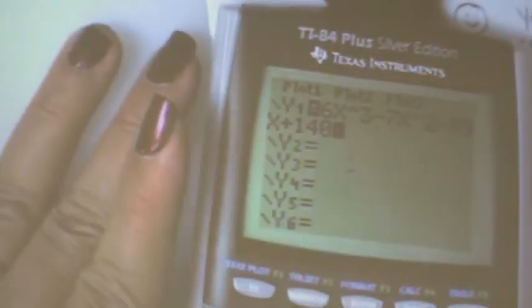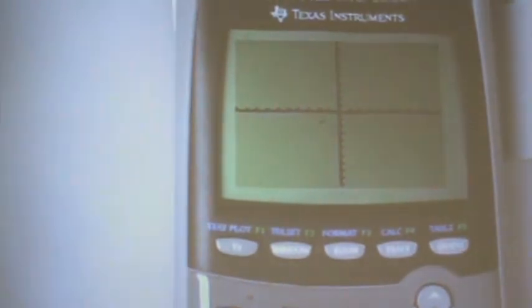Now, if I hit graph, you're going to see something like an N. If you change your window, this is a 10 by 10 window. This thing is shooting up, coming down, and going back up. These 3 are the zeros. That's what we're going to concentrate on over the next few days: taking polynomials and finding the zeros.